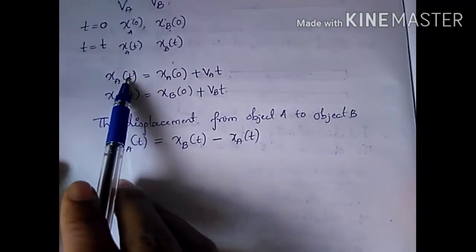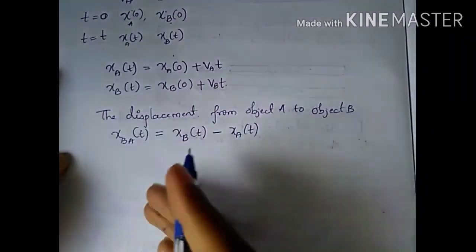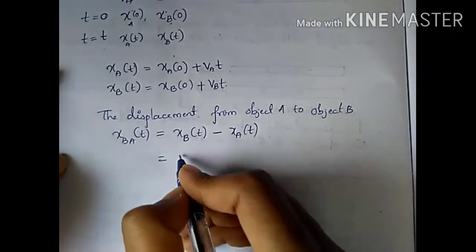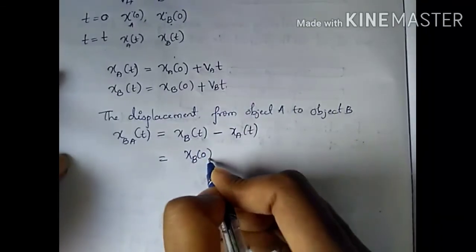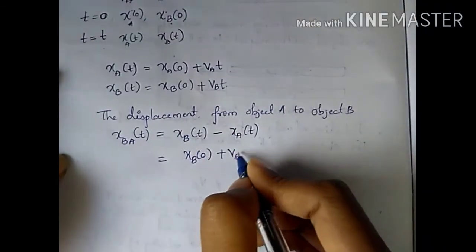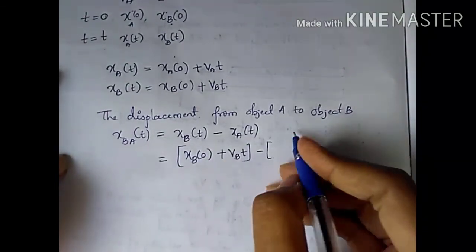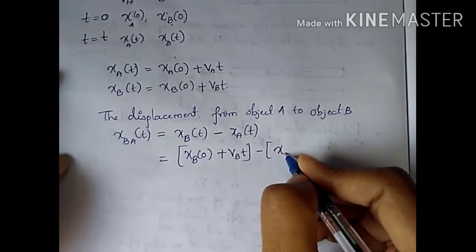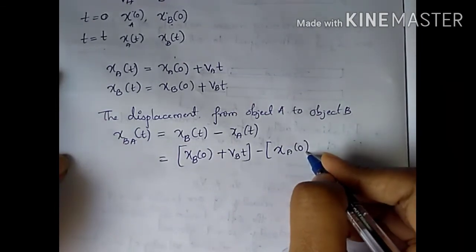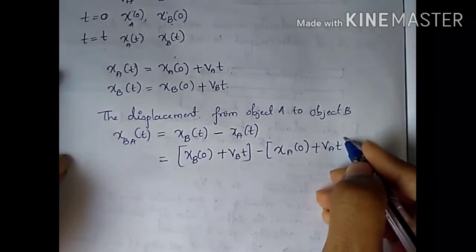Here you have xA and xB, substitute that here. xB is xB0 plus vBt, minus xA, which is xA0 plus vAt.